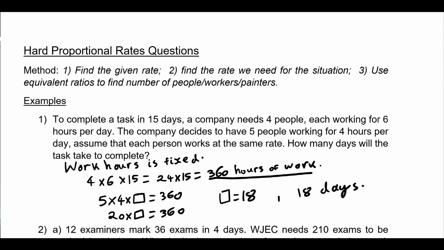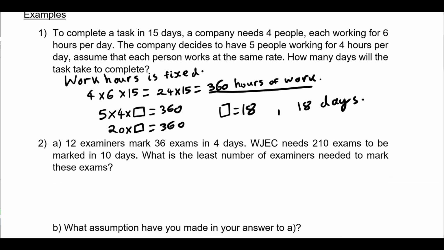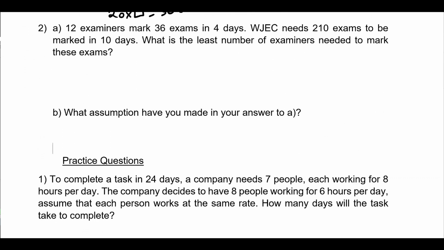We want to find the given rate, so that's the rate at which work is done. Find the rate we need for the situation, and then use equivalent ratios to find the number of people, workers, or painters. In this case, it's examiners. So what I'm going to look at is the ratio of examiners to the number of exams marked per day.